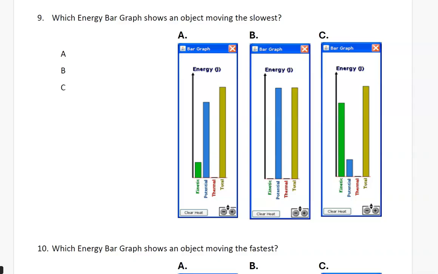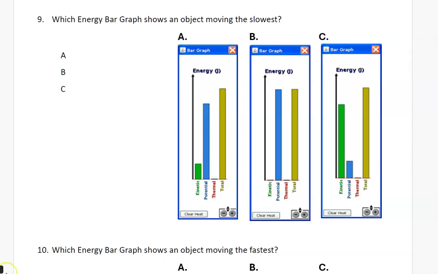The slowest object will have the lowest kinetic energy. Well, if we look at the kinetic energy bar in green, we can see we have a fairly low kinetic energy here, zero kinetic energy here, and a fairly high kinetic energy here. So the lowest kinetic energy means the lowest speed, and therefore the answer is B.